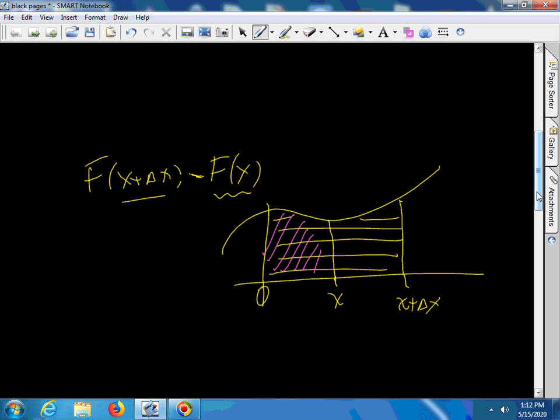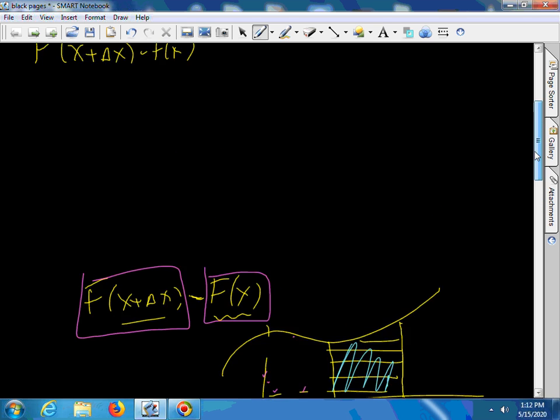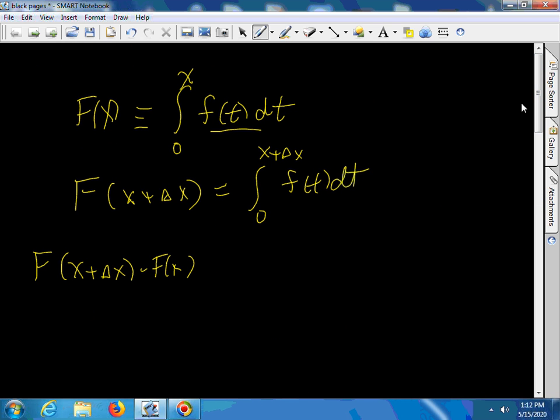From the yellow area in the graph, I'm supposed to take away the purple area. And what I'm left with is the area from x to x plus delta x. So this is equal to the integral from x to x plus delta x of f of t dt.